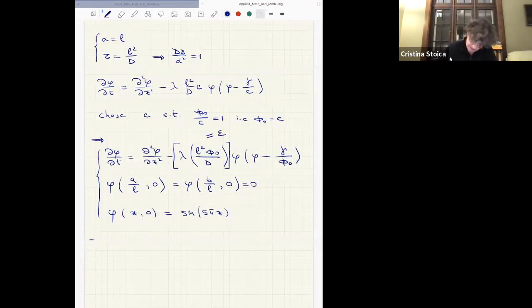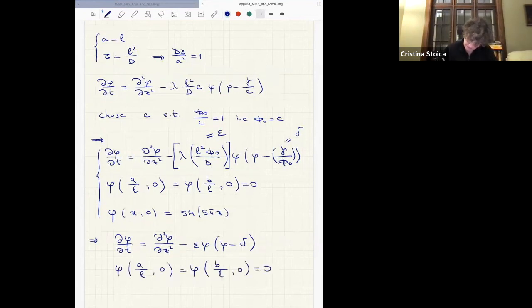So then we end up with d phi dt equals d2 phi dx2 minus epsilon phi minus gamma over phi naught. This is just another letter. Let's make it a del. I'm going to call this term del, just to make a point that we have fewer parameters in this problem.